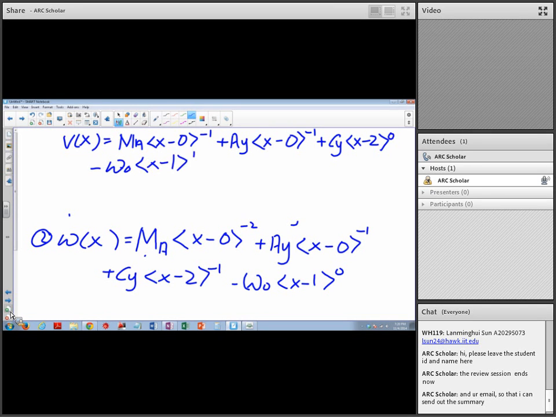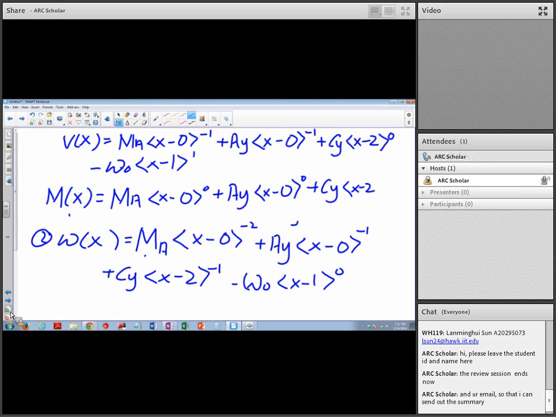And I integrate one more time, then I can get the moment. When you integrate the first time, wouldn't the second term with AY and the third one with CY both be 0?